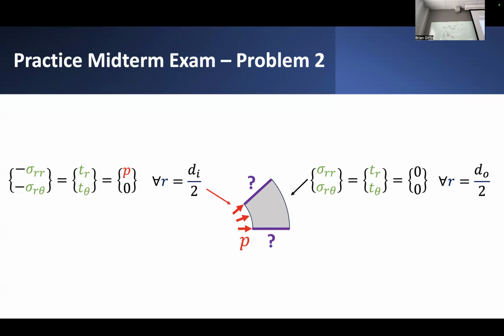In particular, there is no displacement normal to the symmetry plane. In this particular case, the normal to this cut line points in the circumferential direction. Hence, the displacement normal to this surface, the displacement in the circumferential direction, has to be equal to 0. That's a condition of symmetry, arguably also a condition of compatibility.